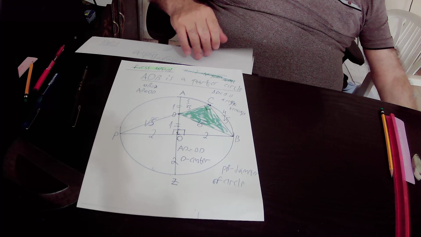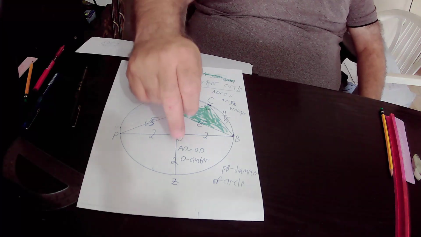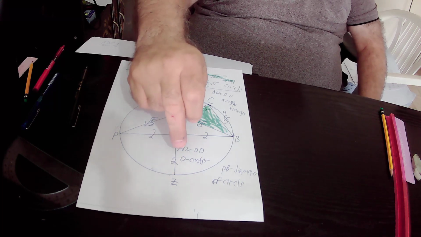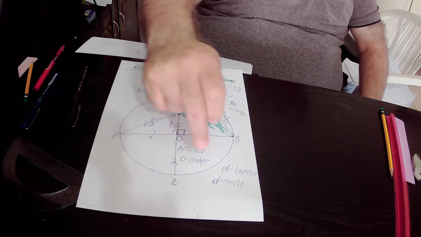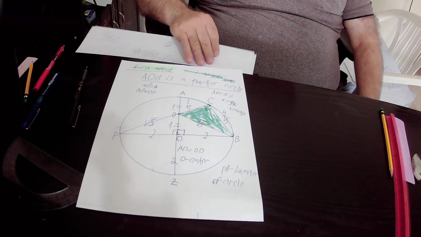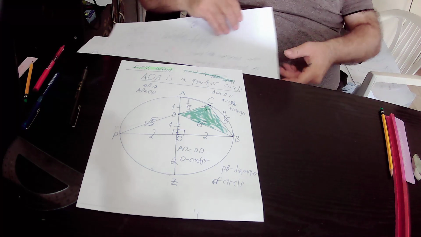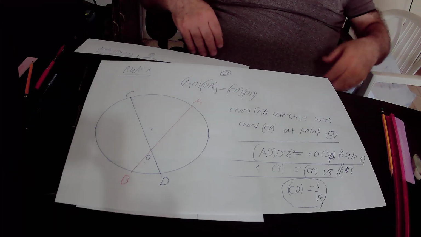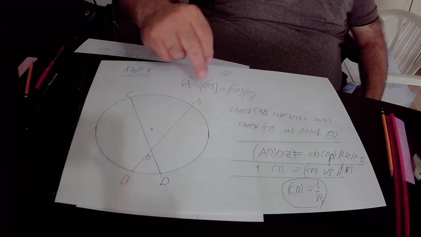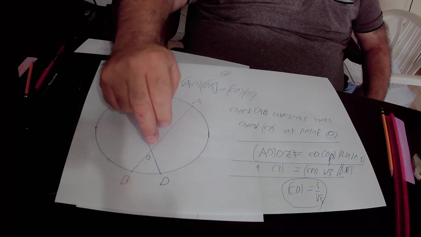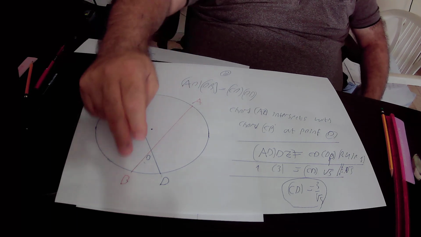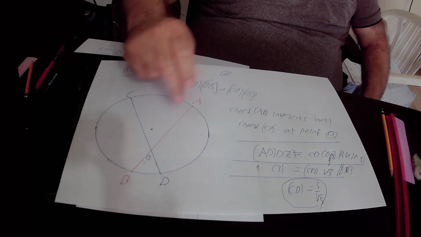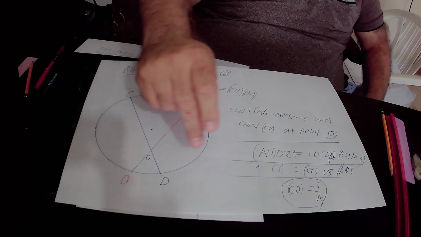Then we extended the radius AO by a straight line until it touches the circle at point Z. Point Z is the touching point of the extended AO on this circle. Then we implemented rule number 1 on this drawing. Rule number 1 states that if chord AB intersects with chord CD at point O, then AO times OB equals CO times OD.